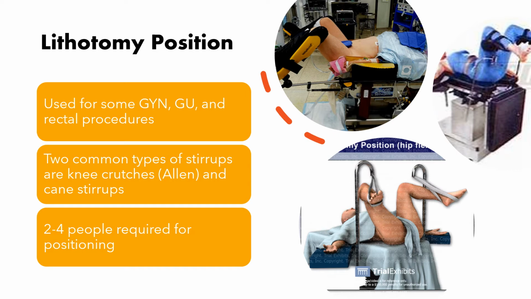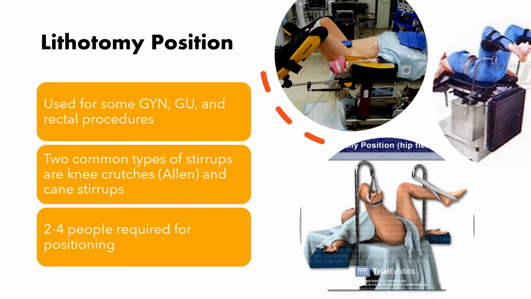All right, once the anesthesia care provider gives us the okay and the stirrups are in position, we need one person for each leg. The legs are going to be raised simultaneously and put into the stirrups.